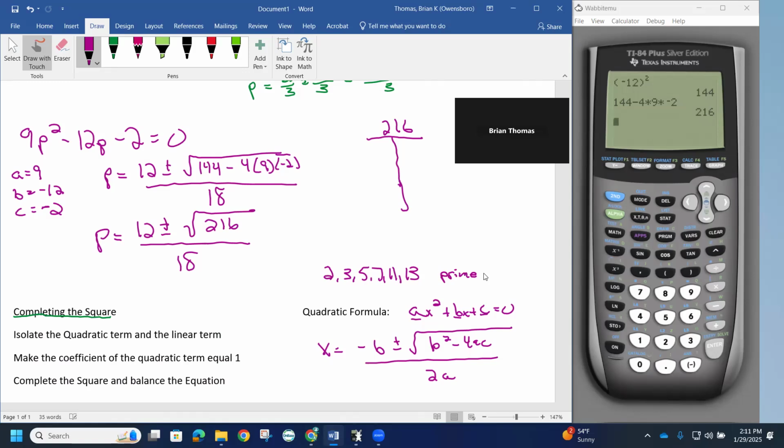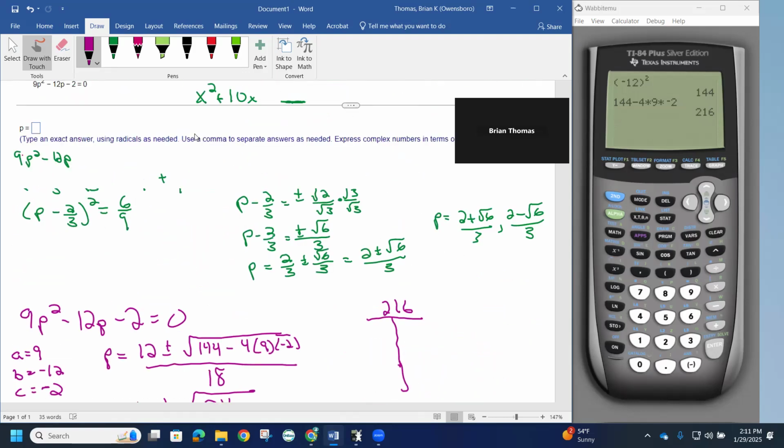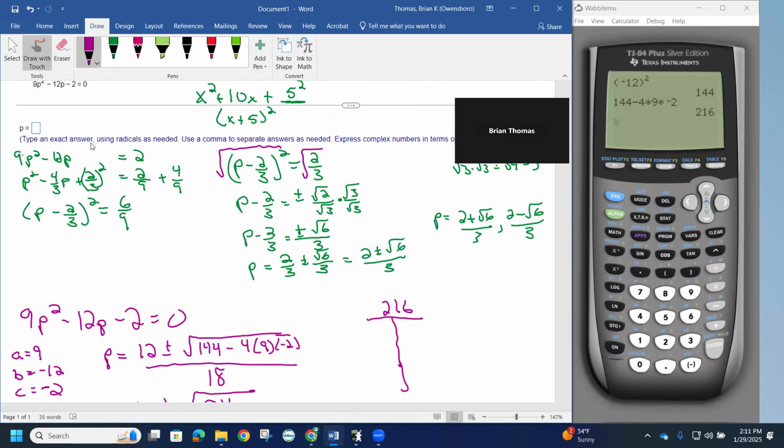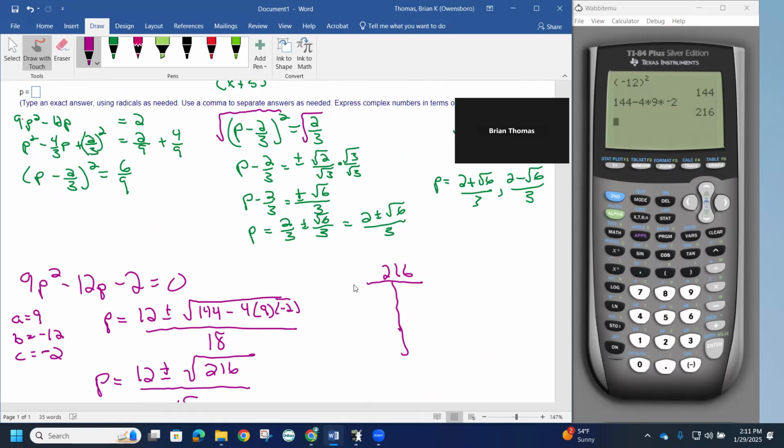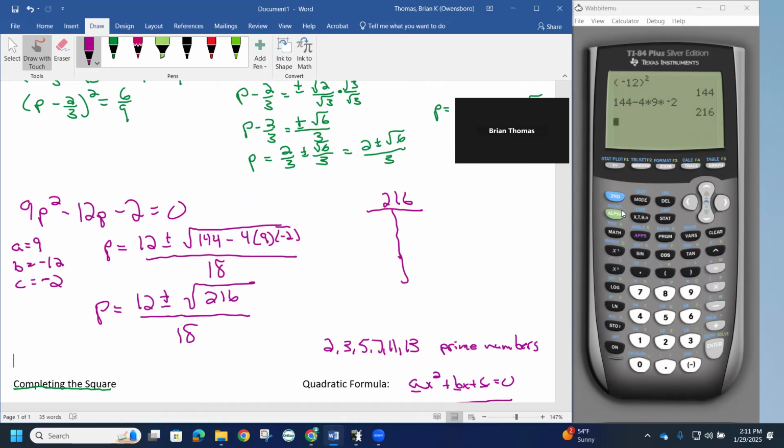They're very powerful in helping us work things when they want exact answers. If I look at the directions, they want exact answers, so that means I have to leave it in what's called radical form. If I just take the square root of 216 on the calculator, it'll give me a decimal, and they don't want the decimal, so we're not allowed to do that at this point. So what I can do is start using prime numbers to break it down.